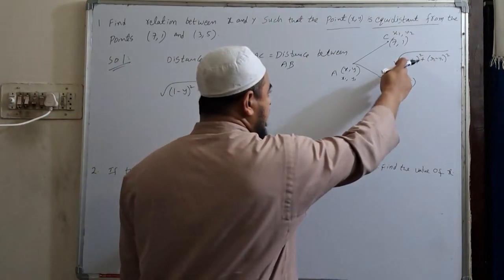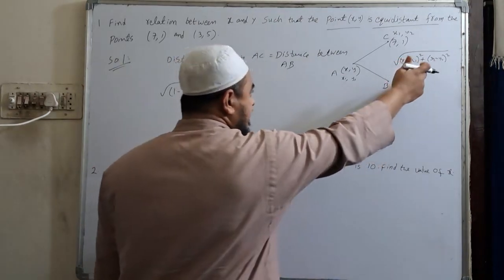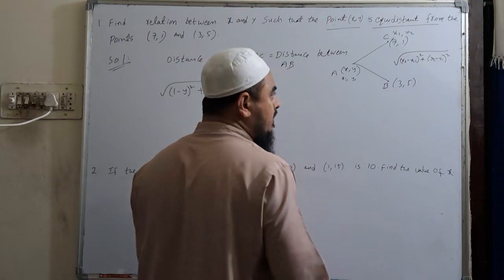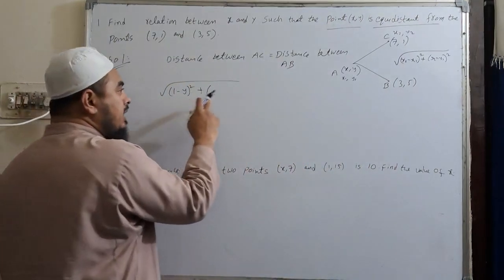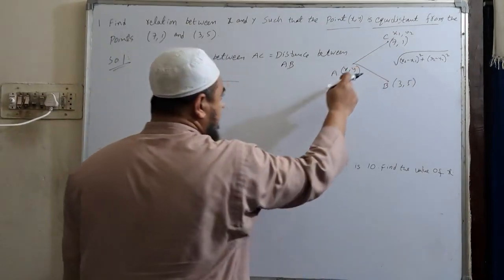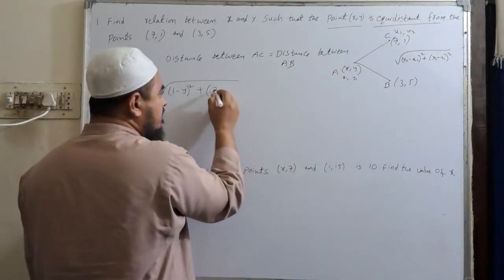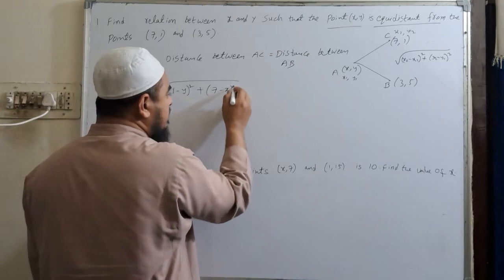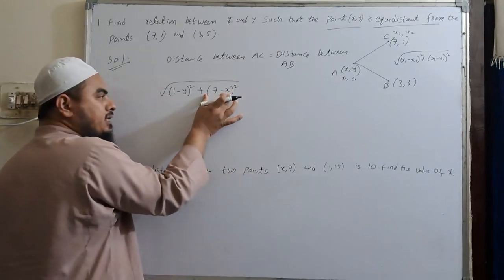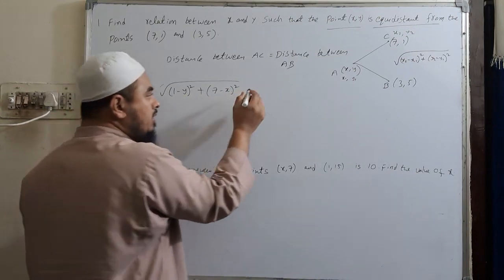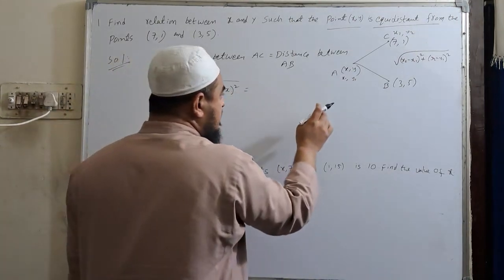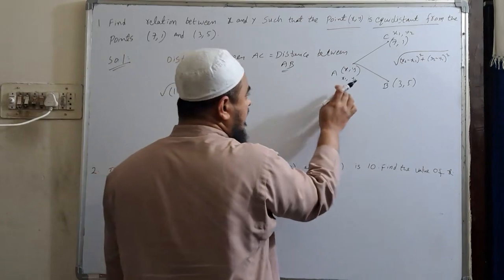Here I have taken first (y2 minus y1) whole square plus (x2 minus x1) whole square, where x2 minus x1 is 7 minus x. You can also write first (7 minus x) whole square plus (1 minus y) whole square. Next we have the distance between AB.